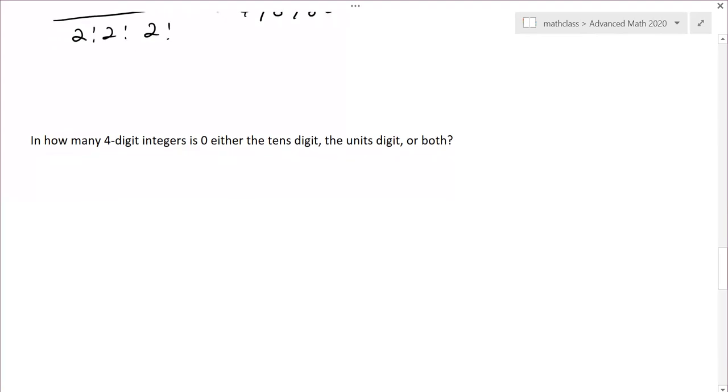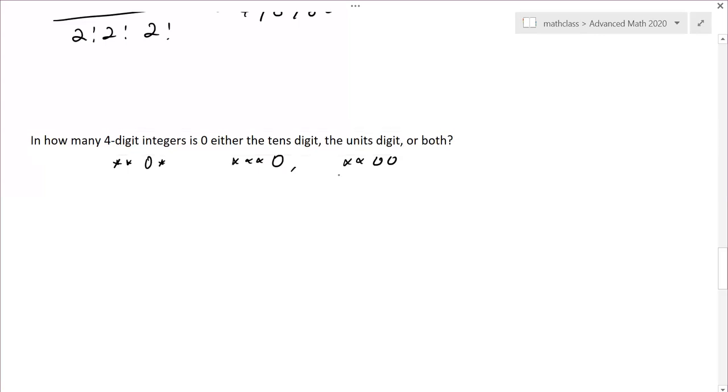Now this involves, be careful when you count them, okay? If you look at the possible outcomes, it will be like star, star, 0, star, either the 10th digit, right? Or the unit digit, or both.